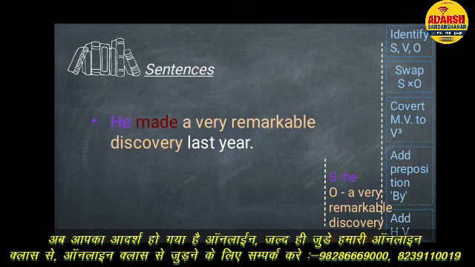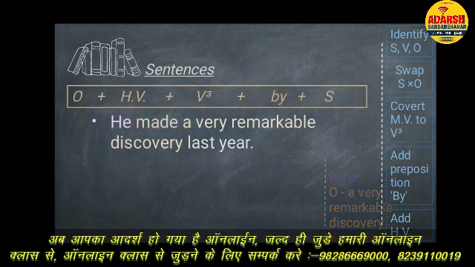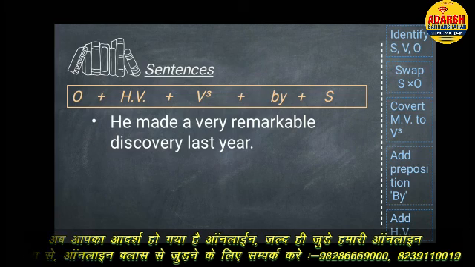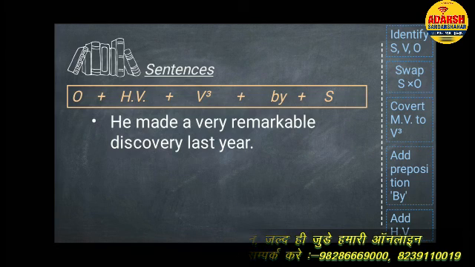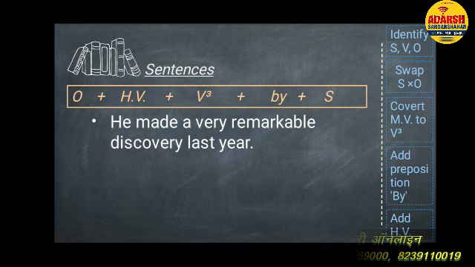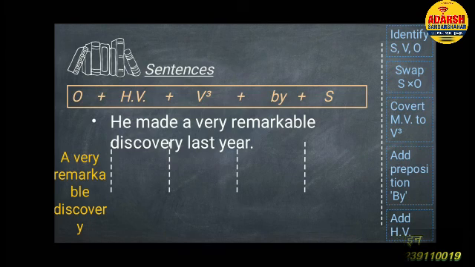Now let's recall our formula, which is object plus helping verb plus verb third form plus by plus subject. So this is the formula of passive, while the formula of active is subject plus helping verb plus main verb plus our object. So here let's go towards our second step. Here we put our object, a very remarkable discovery, in the place of our subject. Now we need to put our subject in the place of our object.